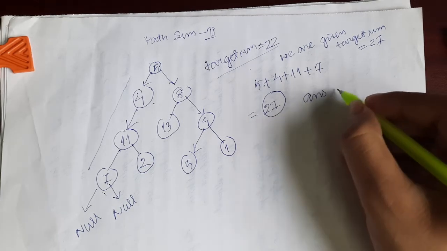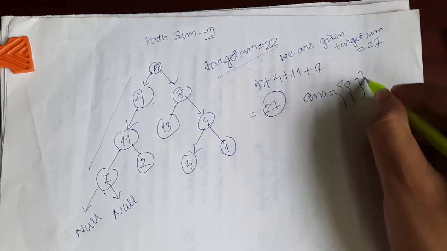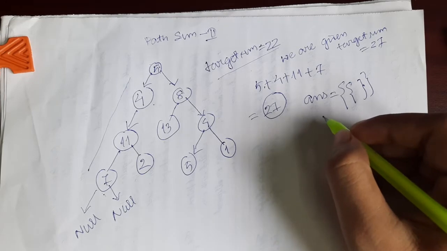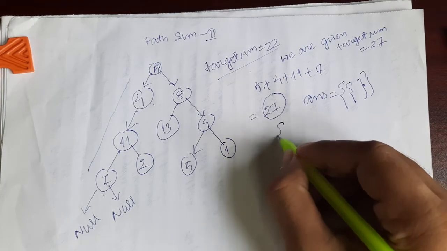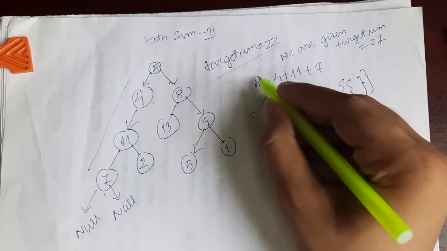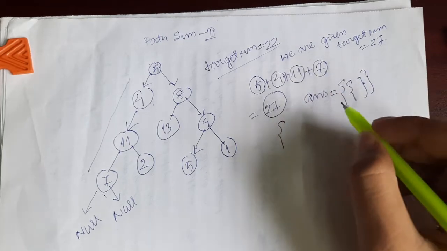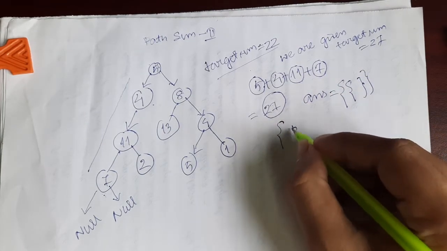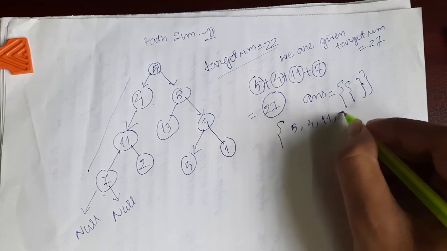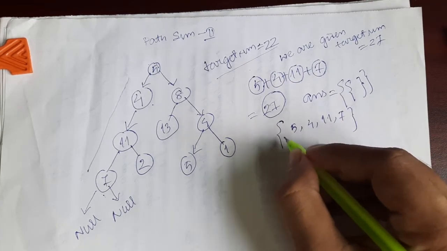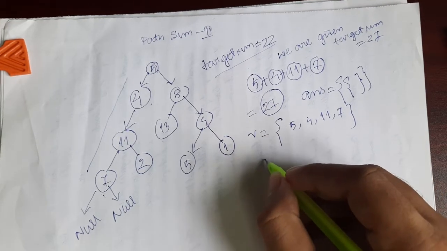So suppose answer is a vector which will contain integers inside this. So we'll say that okay, add this vector which will contain all the nodes of that path, put it inside another vector. Let's say it's v, and push v to our answer.